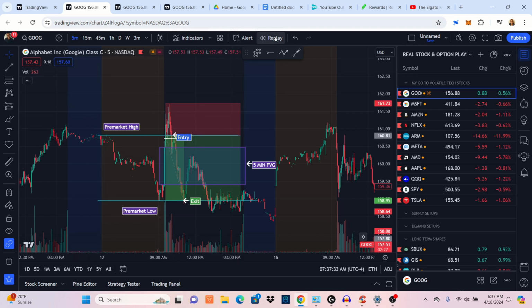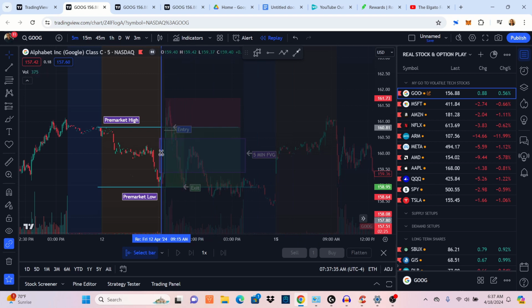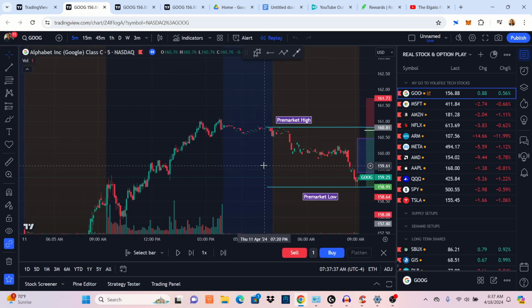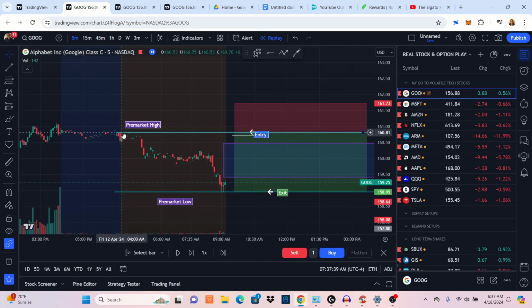I'm going to put this on replay. The price started off at around 160.82 at around 4:05 a.m. Then it went all the way down to the pre-market low. Take note of this, because this is going to be very important as we progress through this strategy.